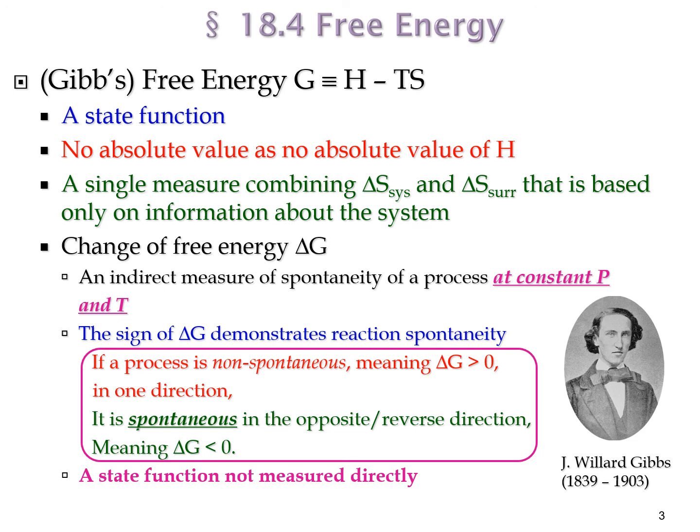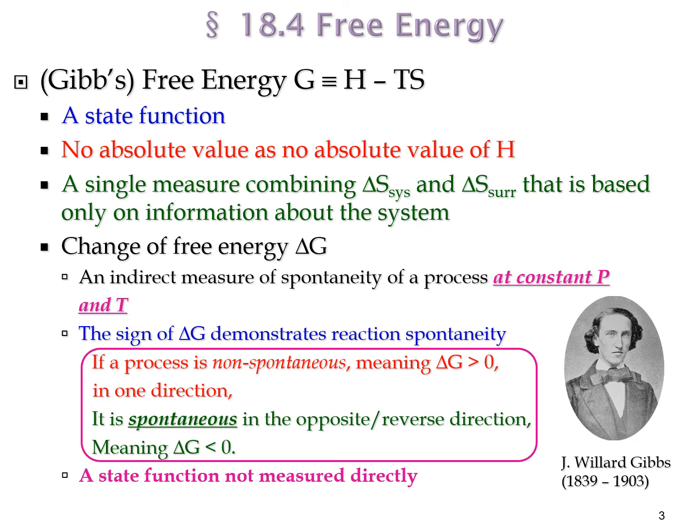That means if you have delta G greater than 0, the process is not spontaneous. The reverse one actually is. If we want a spontaneous process, delta G must be less than 0.